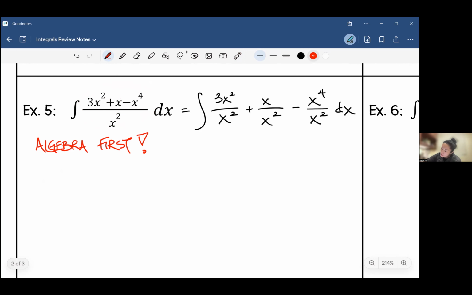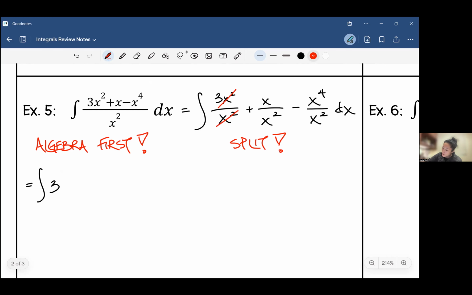Okay. And so I would encourage you, we are going to learn more rules, and that's fine. They'll have their day and their time. But if we can do algebra and just use the algebra and the basic rules, it might actually make our life a little bit easier. Okay, so let's keep simplifying here. In the first one, 3x squared divided by x squared just gives us 3.